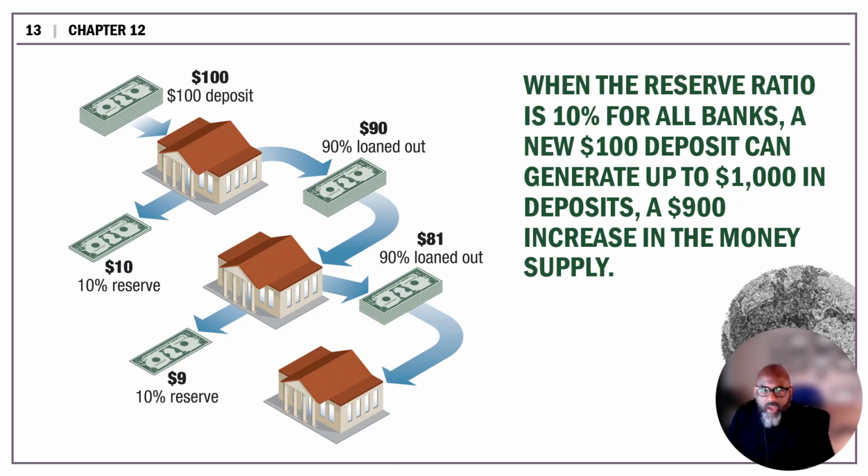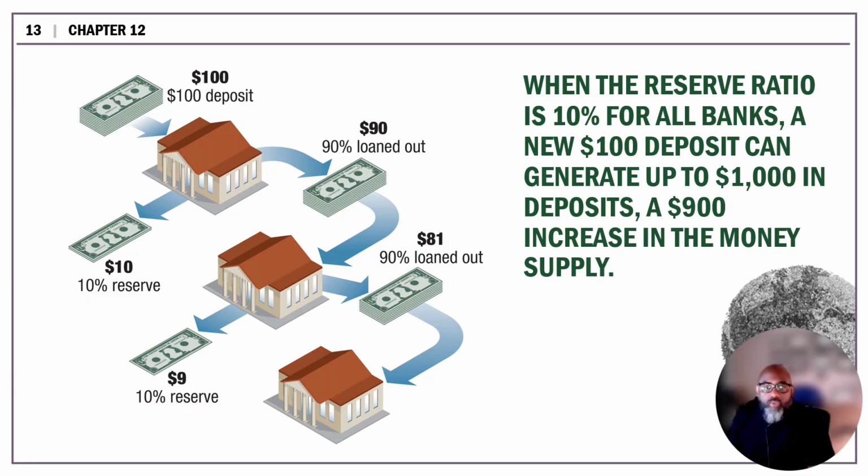In this simplified example, we assume that banks hold 10 cents in reserves for every dollar deposited and that consumers hold no cash. Under these assumptions, the money multiplier equals 10 because 1 divided by the reserve ratio, which is 0.1, yields 10.